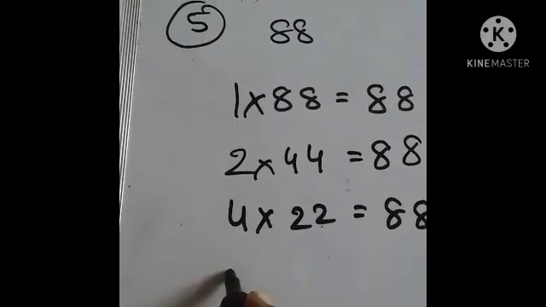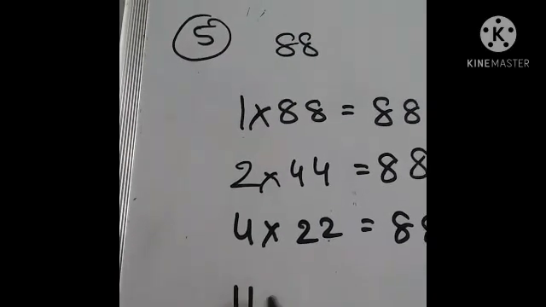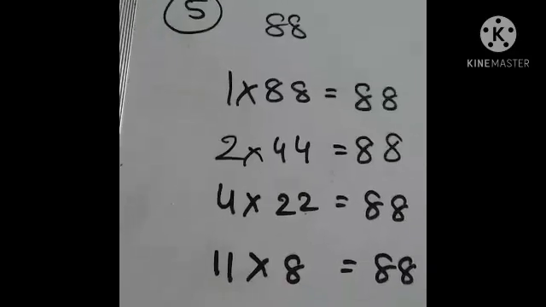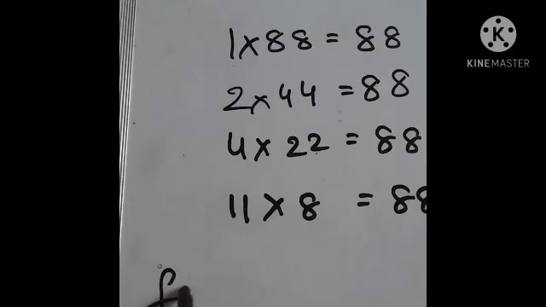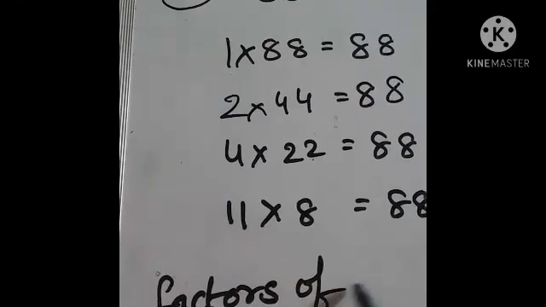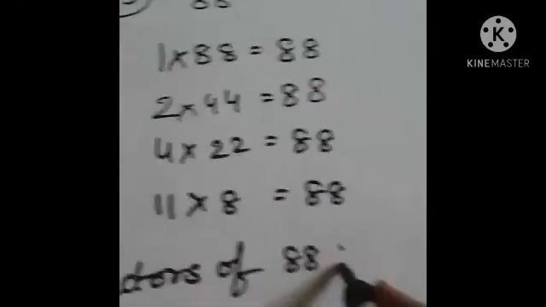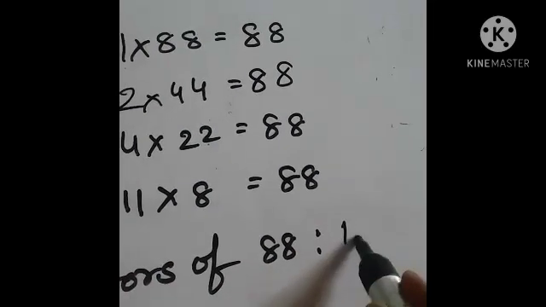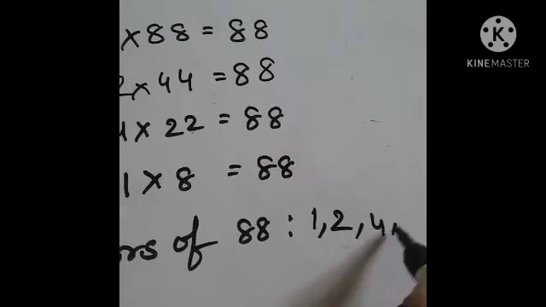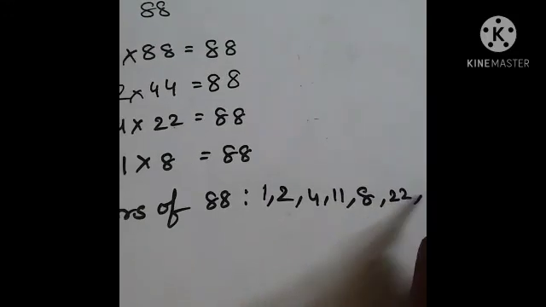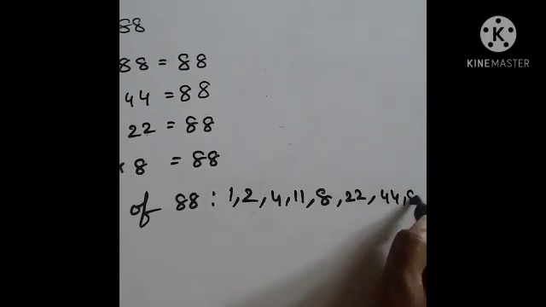Next, only the 11 table has 88. 11 8s are 88. Factors of 88 are 1, 2, 4, 11, and 8, 22, 44, 88.